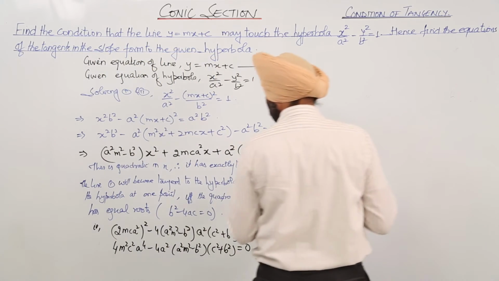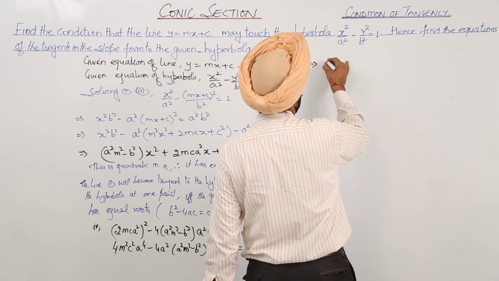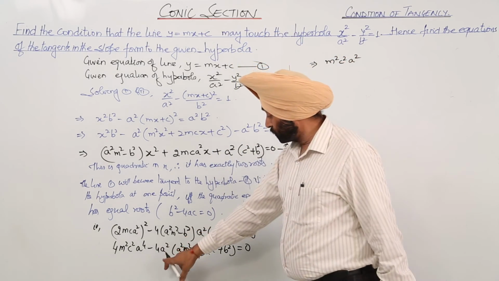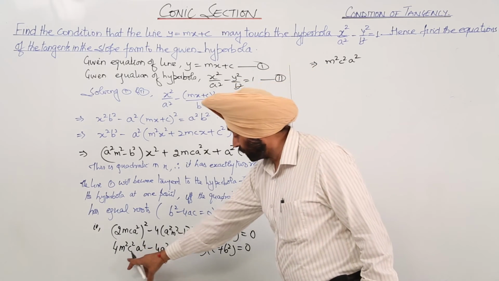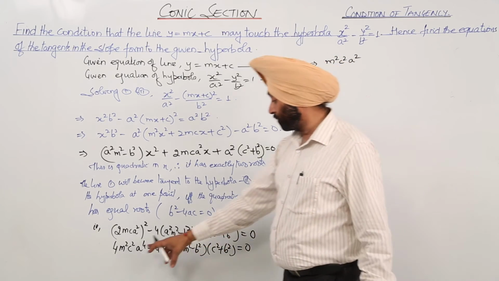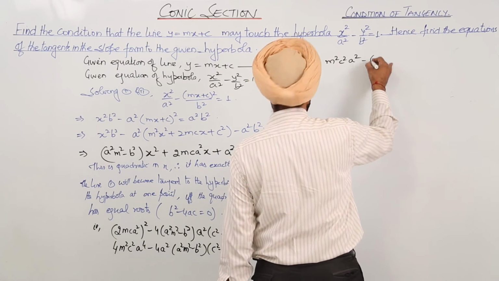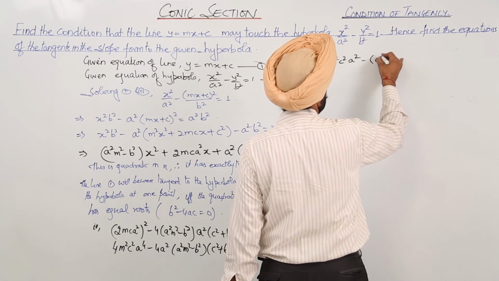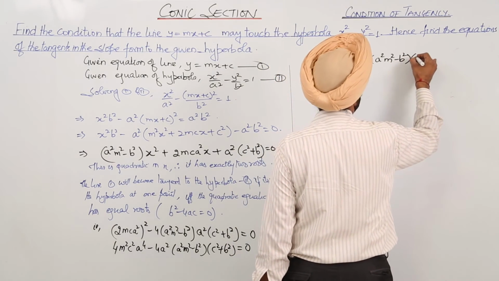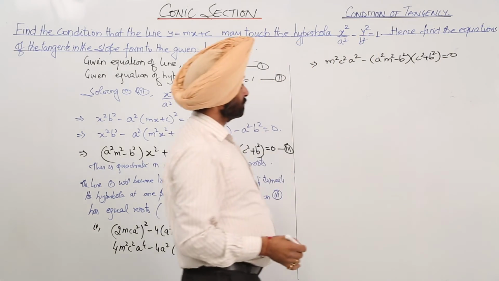Further, now this becomes 4a square, from both the terms we are taking common and eliminating with 0. So we are left with m square c square a square minus a square m square minus b square c square plus b square is equal to 0.